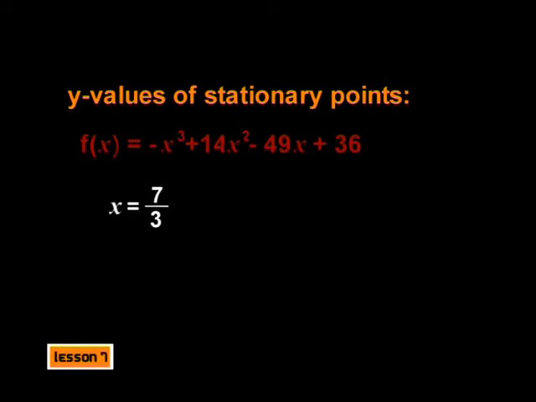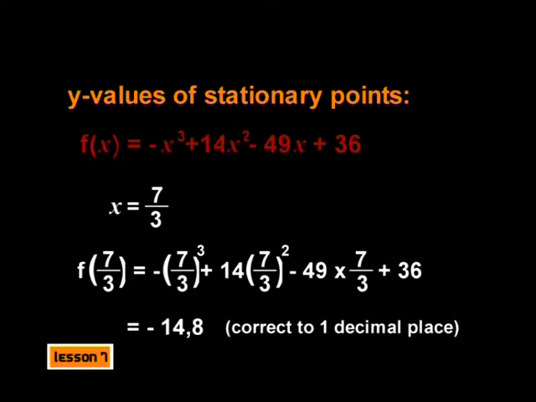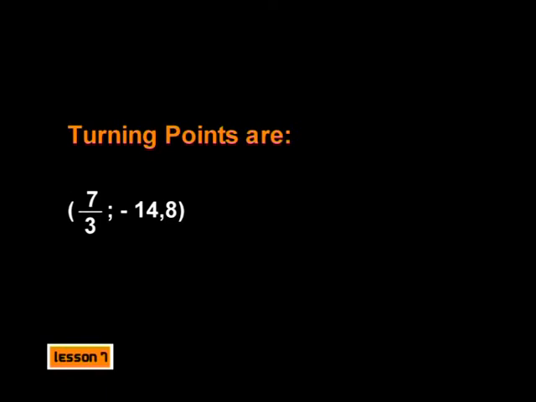The turning point when x equals 7 over 3: f of 7 over 3 equals negative (7 over 3) all cubed plus 14 times (7 over 3) squared minus 49 times 7 over 3 plus 36, which is negative 14,8. So the turning point is 7 over 3 and negative 14,8.